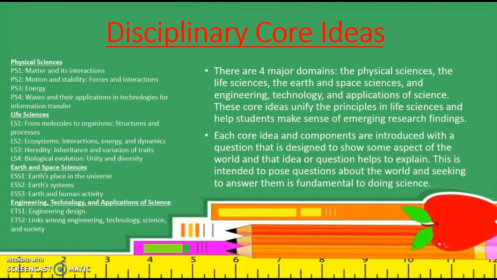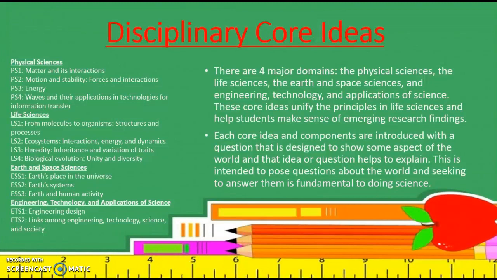Disciplinary core ideas. There are 4 major disciplinary core ideas. Those are the physical sciences, the life sciences, the earth and space sciences, and engineering, technology, and applications of science. These core ideas unify the principles in life sciences and help students make sense of emerging research findings.